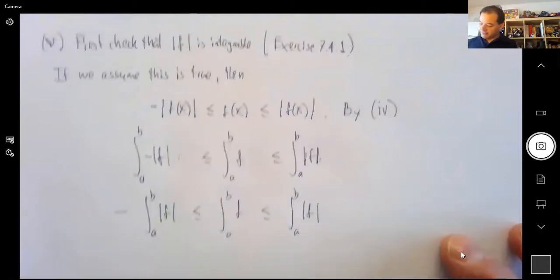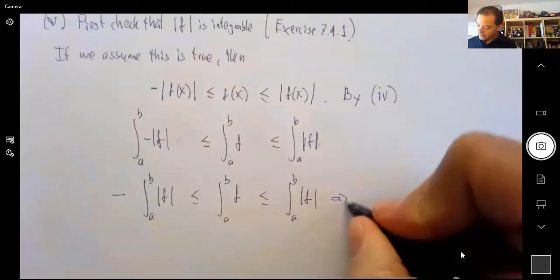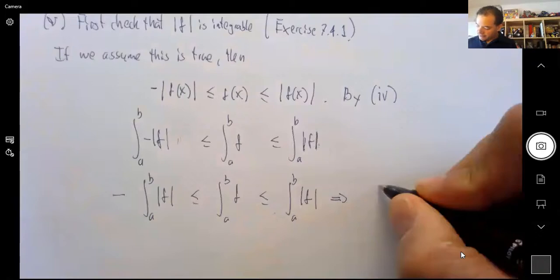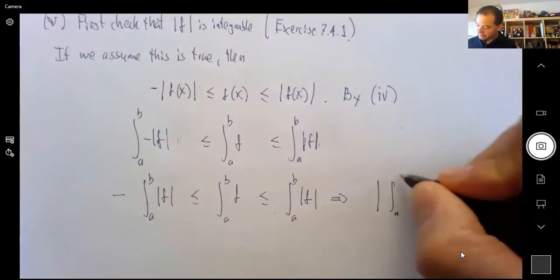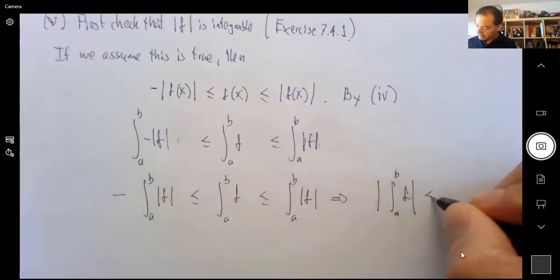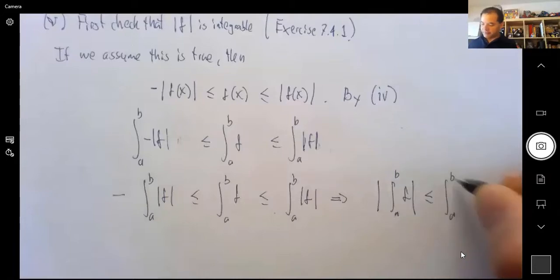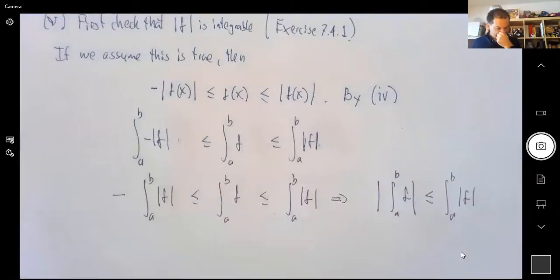So that means that the absolute value of the original integral is smaller than the integral of the absolute value. And that's what we want, right? The triangle inequality for integrals. All right, questions?